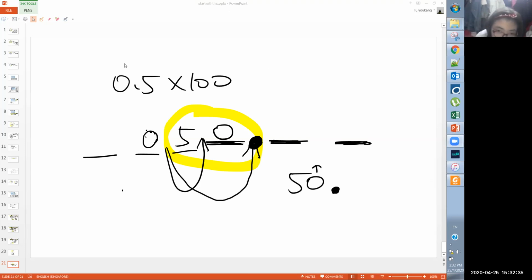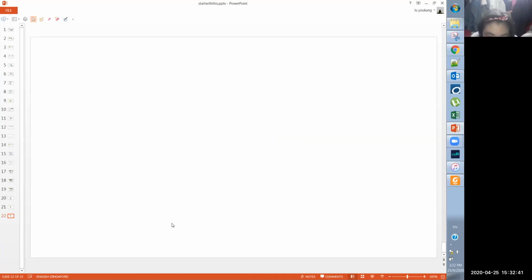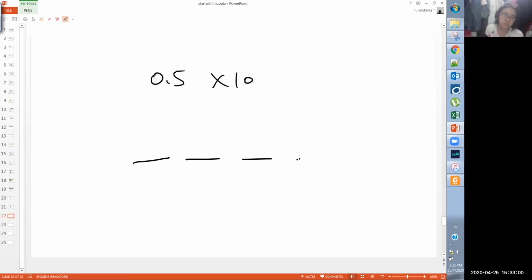So let me go and get another page. Okay. So what I'm trying to say here is, whatever you get, let's say 0.5 times 10, all you need to do is first go with the blank, and then put your decimal point here.